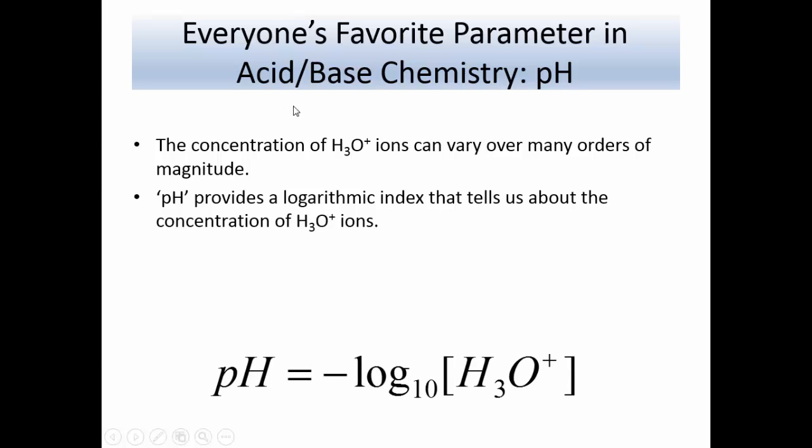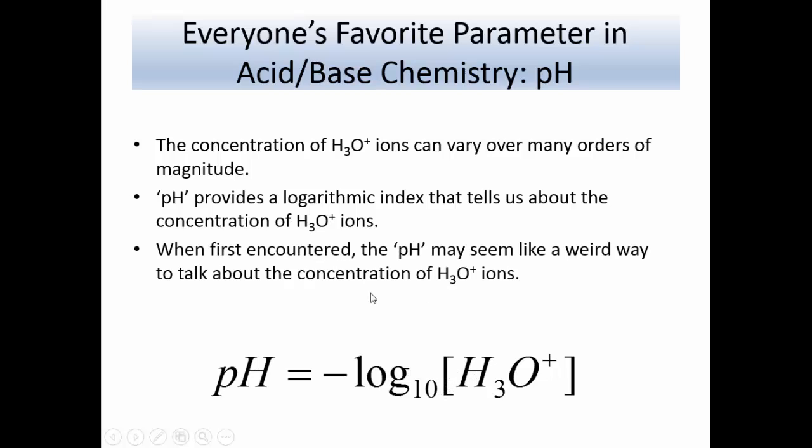Here's how pH is calculated. It's the negative log base 10 of the hydronium ion concentration. So pH just gives us a way of talking about the hydronium ion concentration. That's what it's all about. But it's a logarithmic index, and it may seem a little weird because of the negative sign in there.